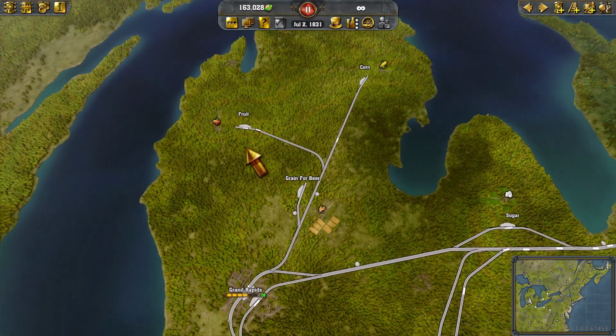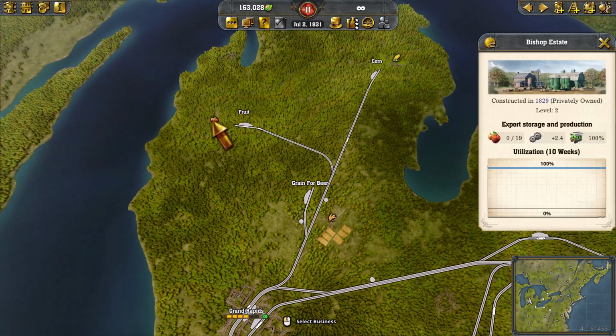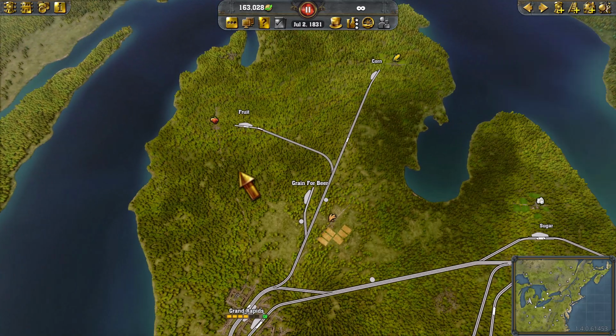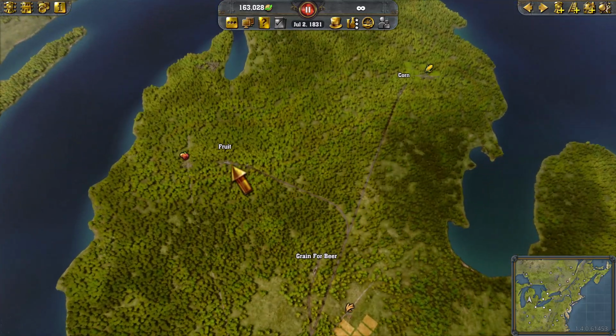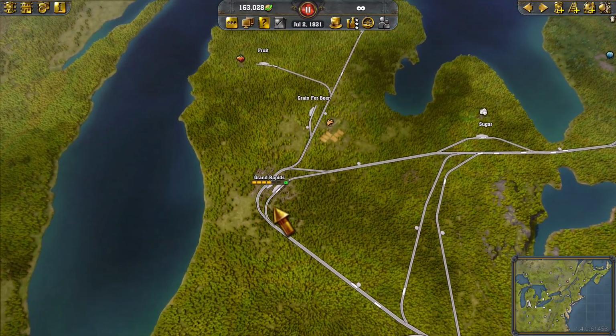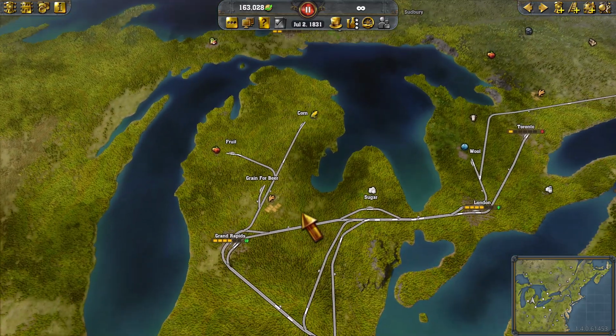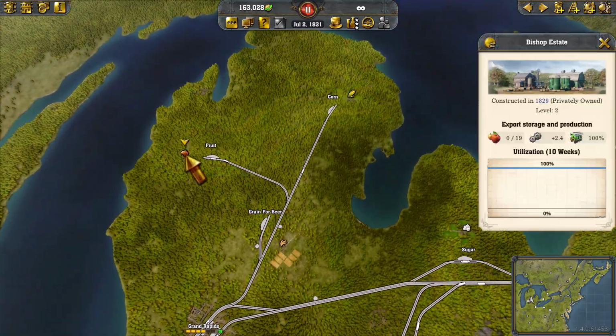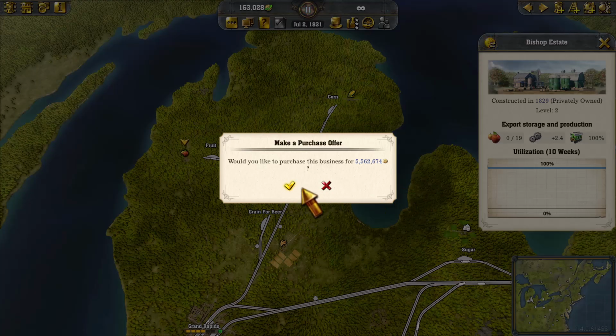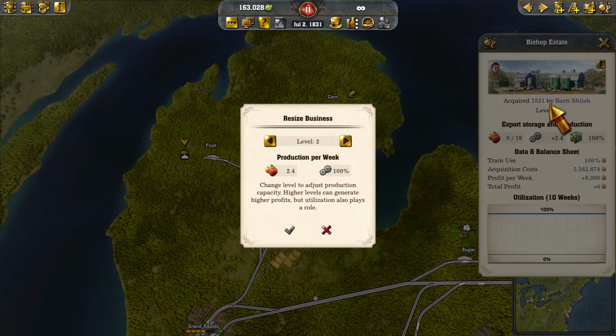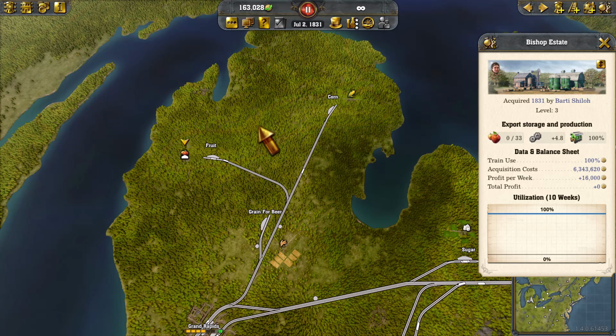But the fruit production isn't keeping up. We've got trains waiting, so we've got more capacity for bringing it down here. So this might be a case where you would think about buying the fruit. I have noticed fruit always seems to be the one that doesn't like to grow. So we're going to bump that up to 4.8.